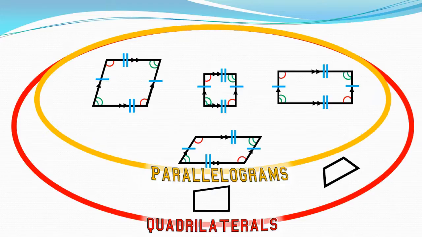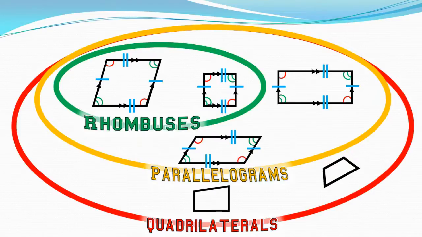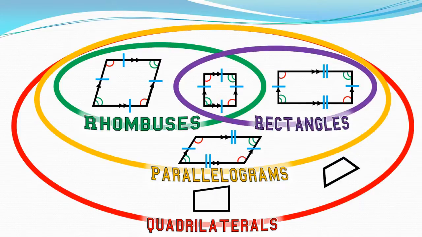We can break parallelograms down into even more specific shapes. Here we have rhombuses. The key property with rhombuses, or rhombi, is that it only has one side measure. All 4 are congruent. So if I know one of the sides, I know all 4 of the sides. We also have rectangles.